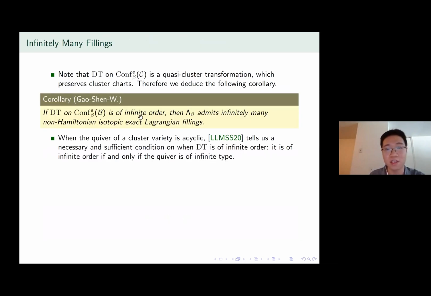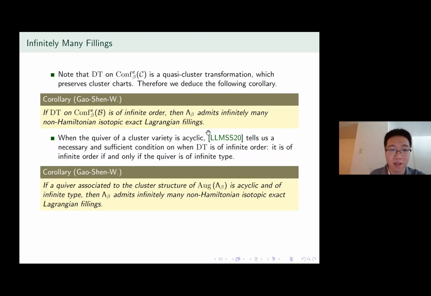So if your DT is of infinite order, then the positive braid closure admits infinitely many non-Hamiltonian isotopic exact Lagrangian fillings. Then a work by Lee, Mills, Schiffler, and I forgot the last person, gives a necessary and sufficient condition if your quiver is acyclic: DT is of infinite order if and only if the quiver is of infinite type.